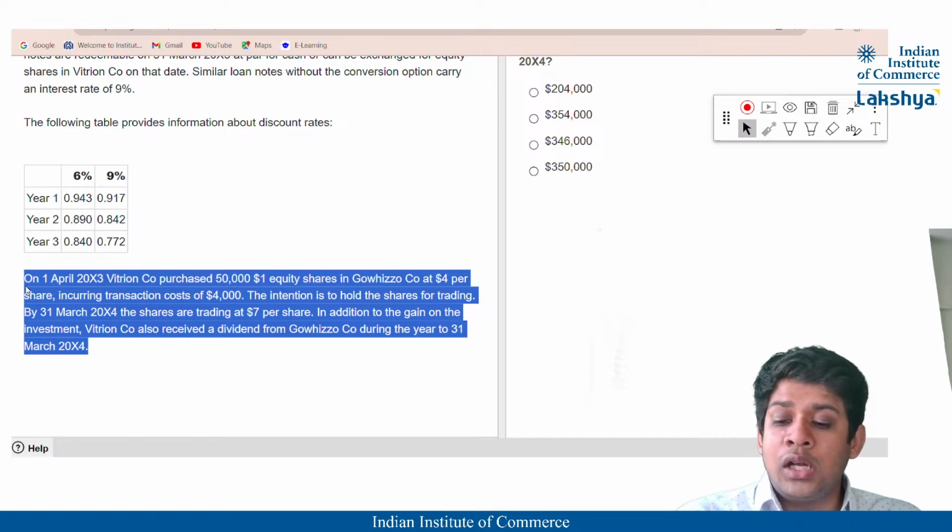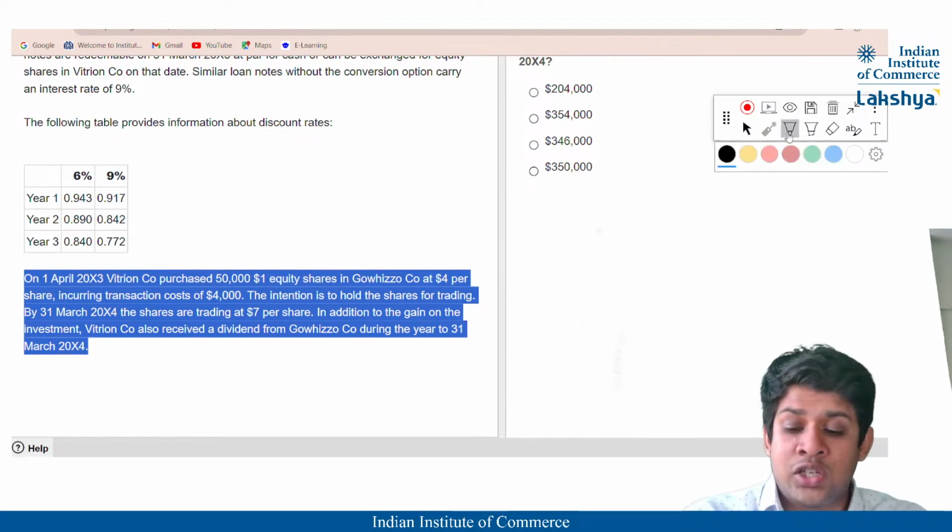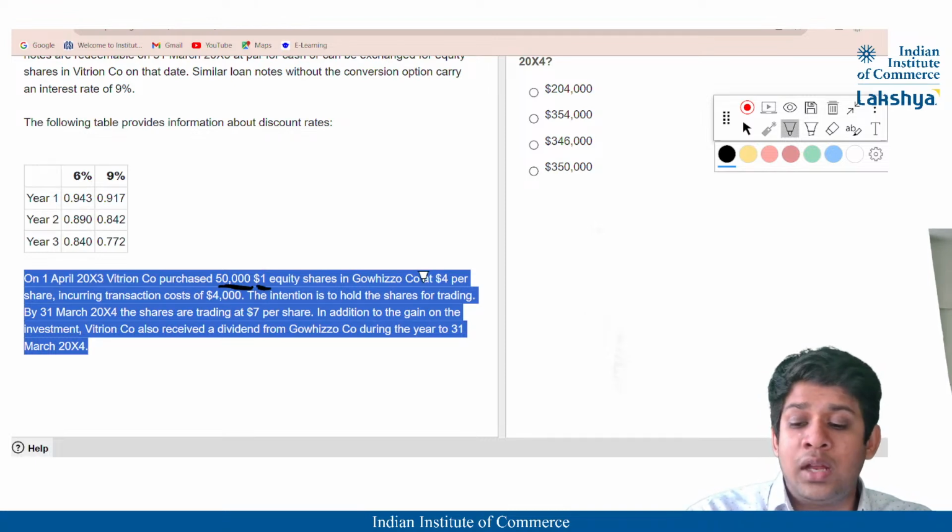Now, incurring transaction costs of $4,000. That means, firstly, it is your financial asset because you are purchasing another company's equity shares, right? You have purchased 50,000 equity shares of Goziho company at $4 per share.